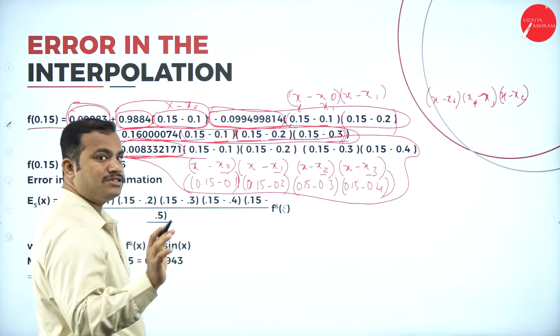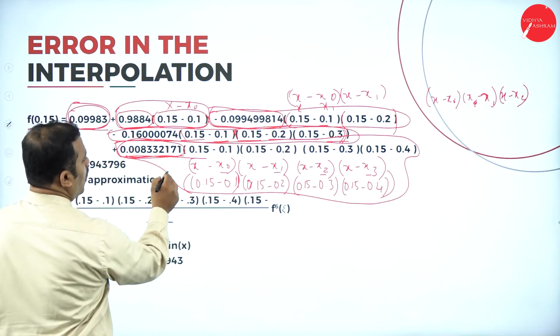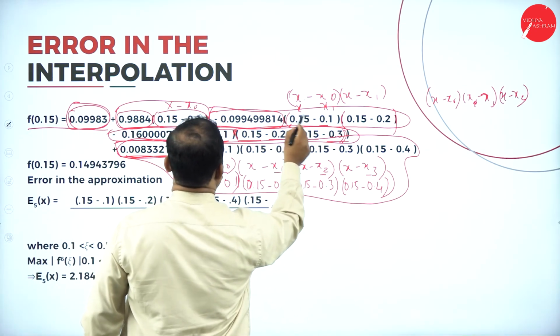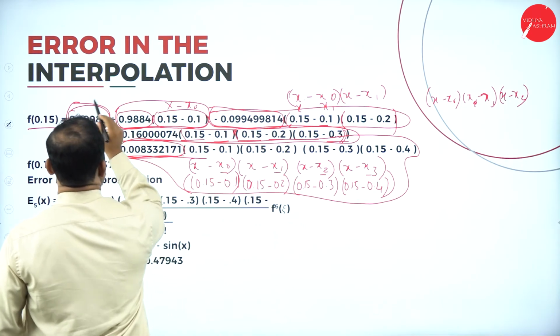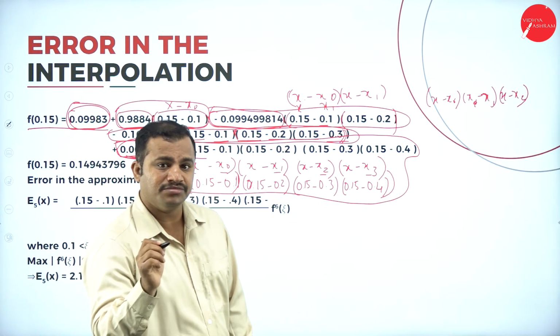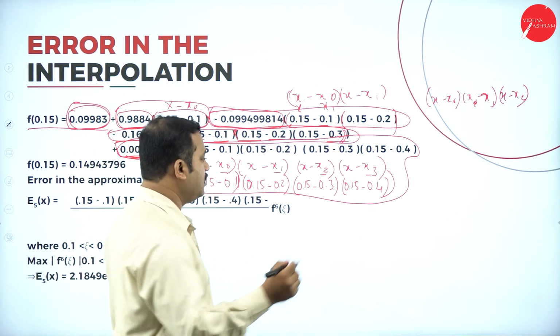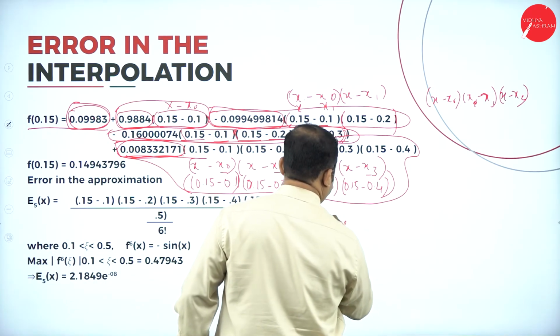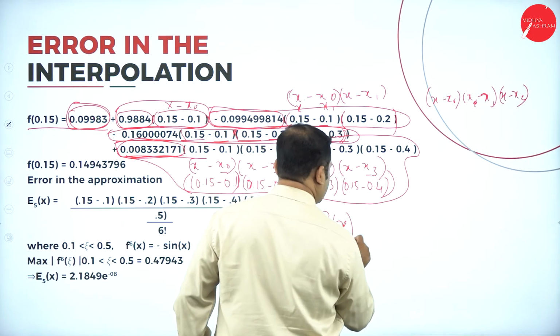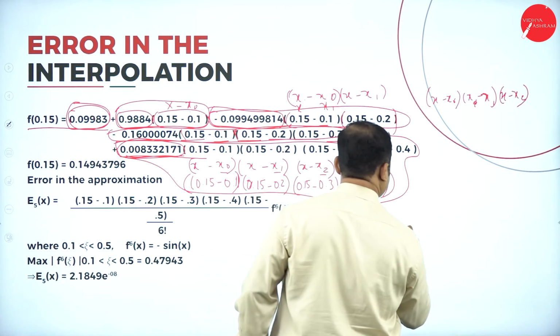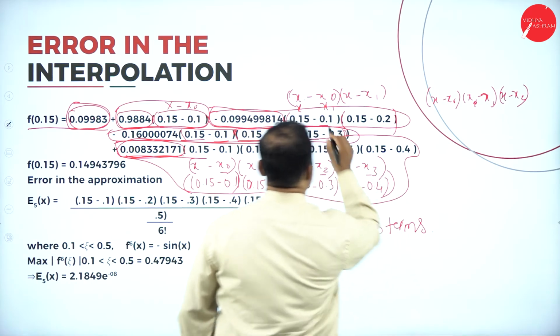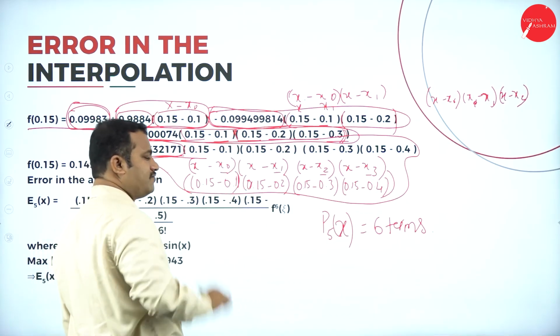How many terms are there? 1, 2, 3, 4, 5, 6. So 6 terms are there. What is the degree of that? Fifth degree. P5 of x is equal to 6 terms. Am I having the 6 terms here? Yes, totally I have 6 terms.